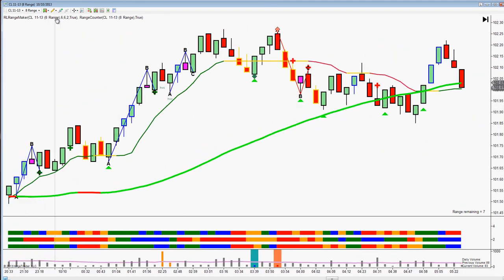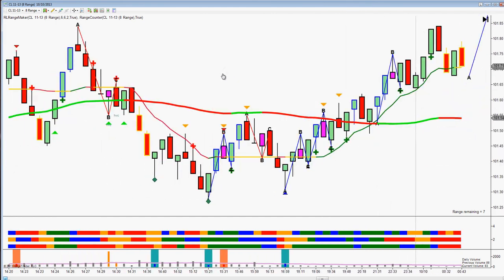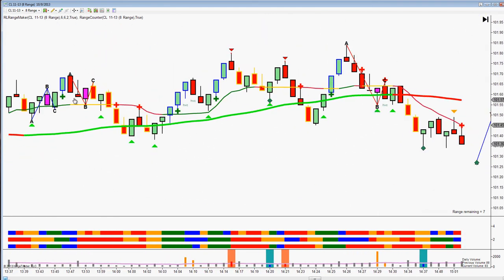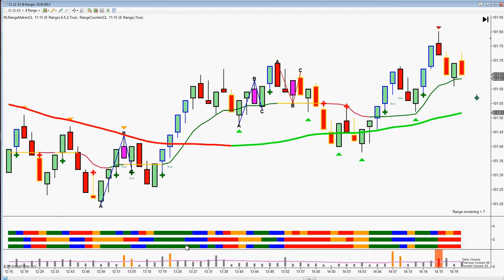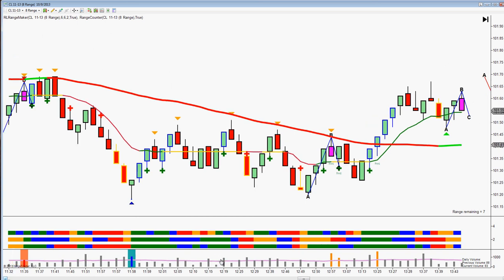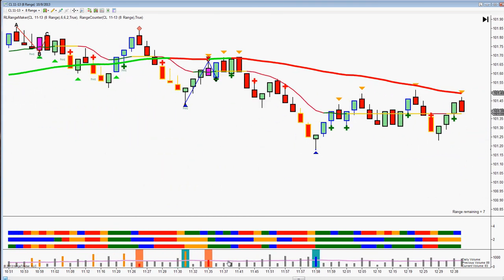But the momentum entries that I really like, I'm going to show them to you. Very conservative momentum entries. And if you're in the room, you're going to see that I'm an extremely conservative trader.